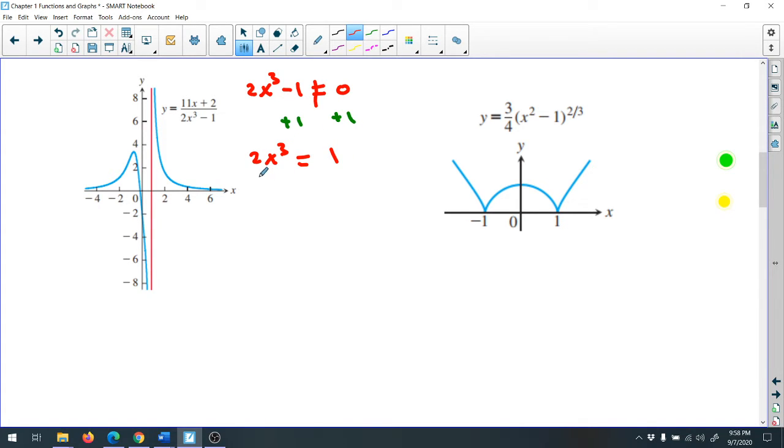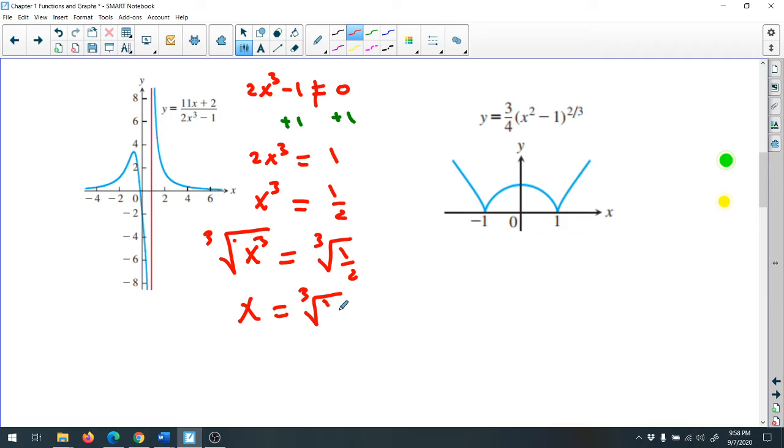Then you divide both sides by 2, then x cubed equals a half. Then take the cube root of both sides. So let's do it step by step. The cube root of x cubed is x, then x equals the cube root of a half.